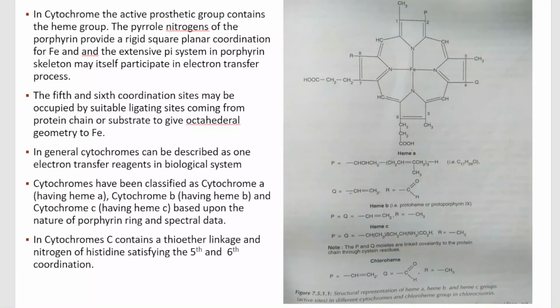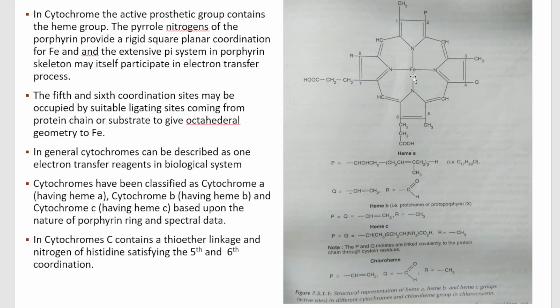Next, studying the detailed structure of cytochrome, you need to know how to draw the structure. Now you can see the structure is a little similar to hemoglobin because the backbone is the same, that is it has a heme group here. So the cytochrome, the active prosthetic group, contains the heme group, and the pyrrole nitrogens of the porphyrin provide a rigid square planar coordination.